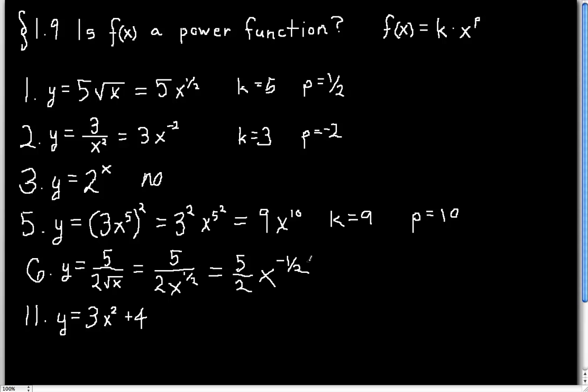And now we can see that this is a power function. K, in this case our constant, is 5/2, or 2.5 if you prefer, and p, the power, is -1/2.